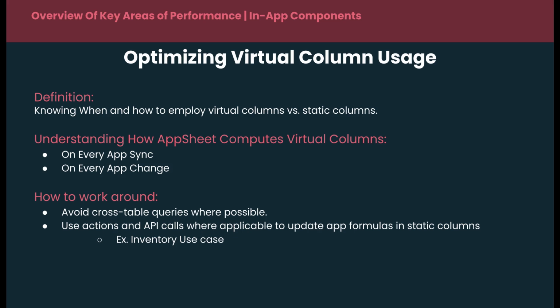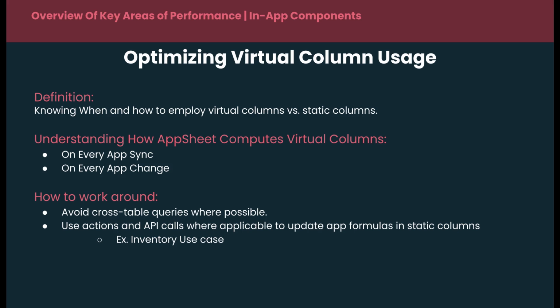Secondly, if we can, we would really like to move a lot of those queries to static columns. What we will do is trigger the update of that static column based on a condition that we apply. If I am working in an inventory use case, you may have a product, and that product has multiple inventory transactions, but what you want to know at a high level is, what is my current inventory of this product?